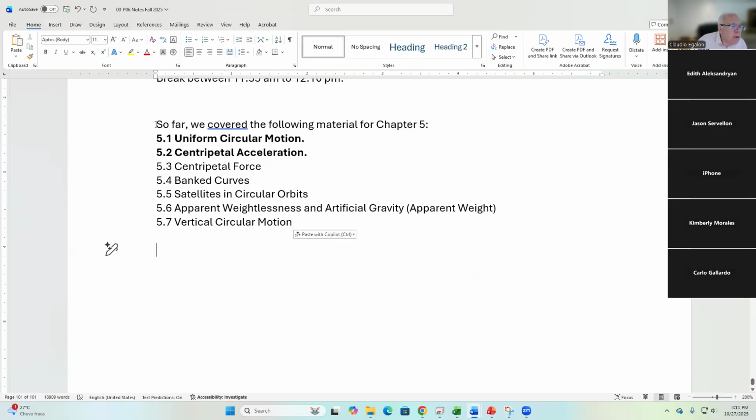Okay. We did uniform circular motion, we did centripetal acceleration, we did centripetal force. Now we're going to do banked curves. It's a very interesting type of situation.